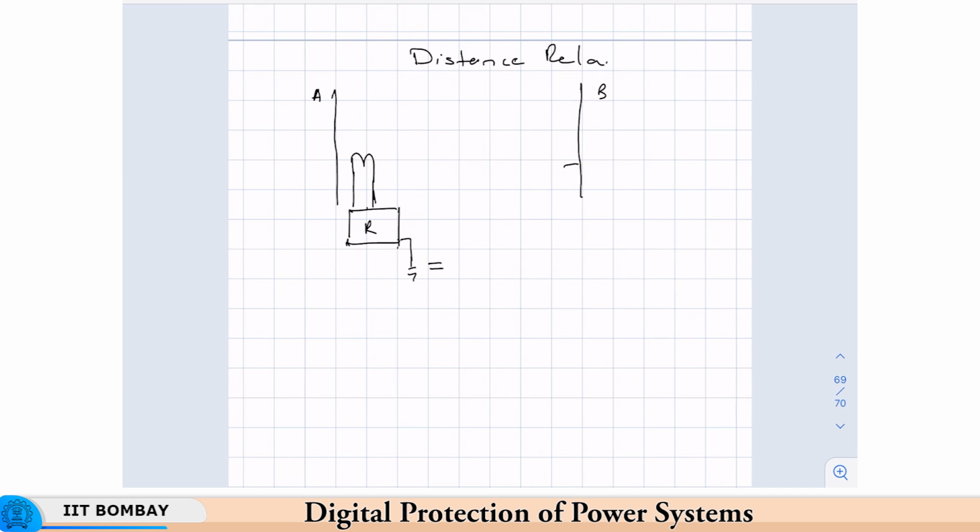Keep in mind, this is just a schematic. The exact circuit connections are a bit different. This of course has other inputs as well, for example a DC supply input, and the output will trip a circuit breaker. That is not shown here, only the relay in terms of the schematic is shown.